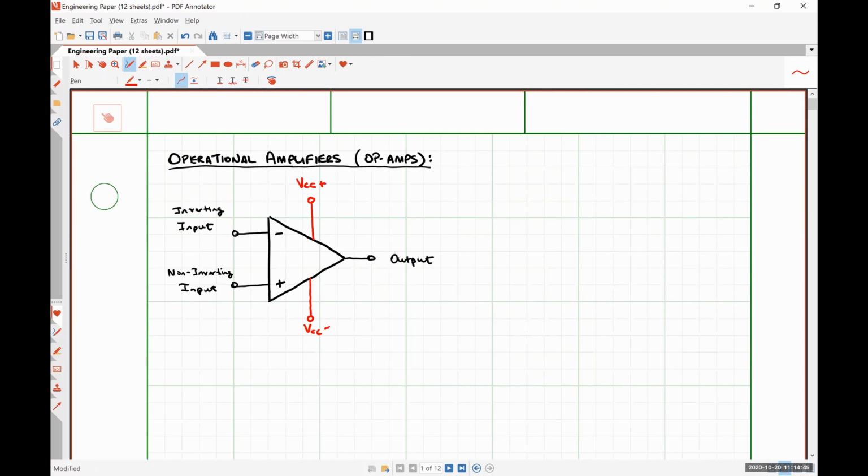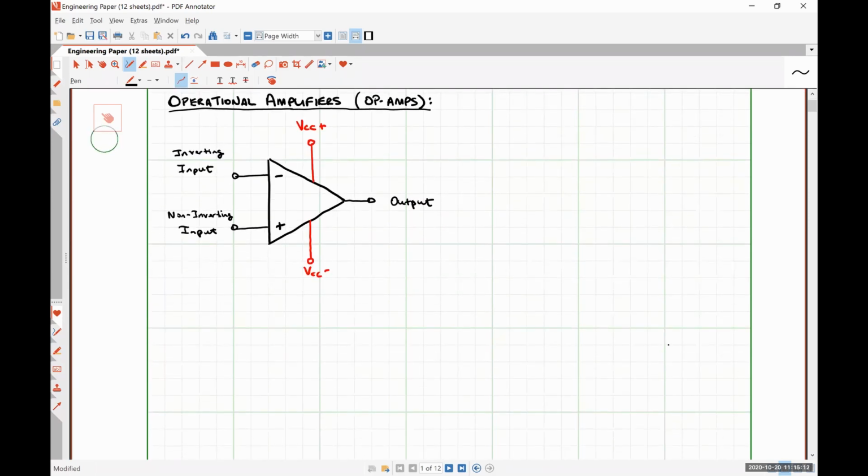Now, for the scope of this class, we are going to assume that all of our op-amps are biased with the correct power supply voltages to make it work the way we expect it to. So after this point, you won't see the power supply voltages drawn into the circuit, but they are assumed to be there, powering the op-amp so that we can perform our circuit analysis.